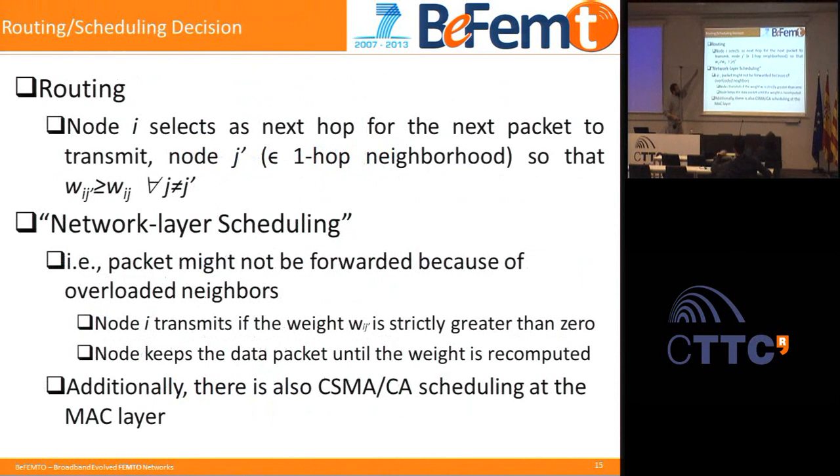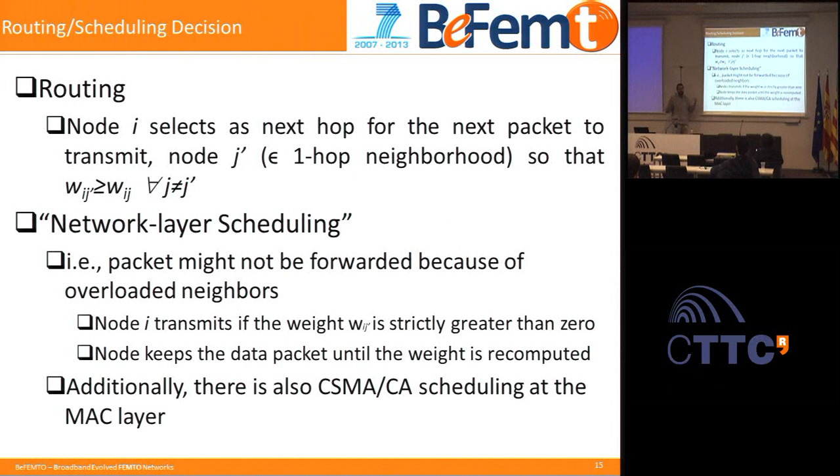So this is the way we take the decisions, as I explained. So we take the higher weight for all the links, but only calculate based on local information. And the other nice thing about this protocol, particularly for an all-wireless network of femtocells, is that we do sort of network layer scheduling, meaning that unless the weight is greater than 0, we don't transmit a packet, which means that if we know that all our neighbors are congested and we don't get any advantage of sending the packet to our neighbor, we don't send it, so we don't consume resources.